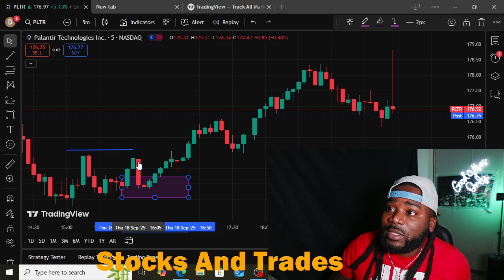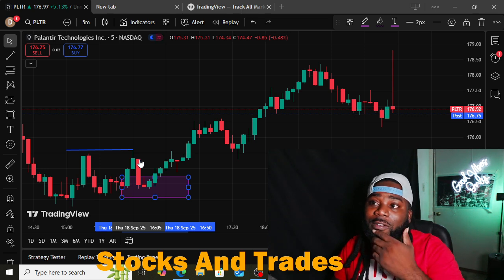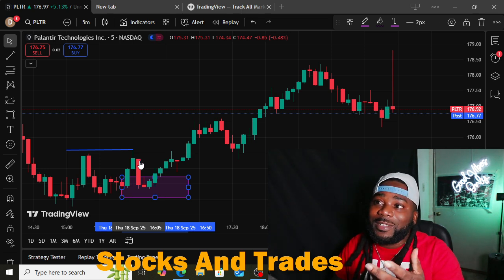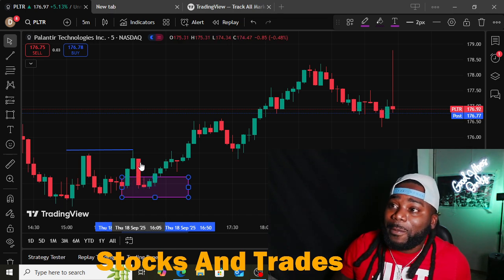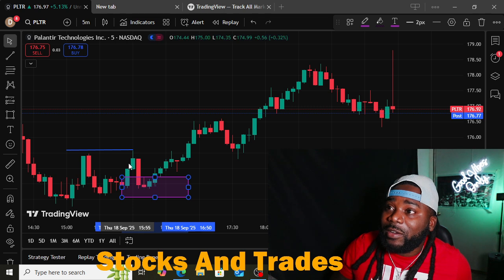So this red candle right here, I hope I'm explaining it right, because this is the best way I can explain it for real. But it's called supply and demand. That red candle right before the break, as soon as it breaks, go back to the first red candle that's behind it.